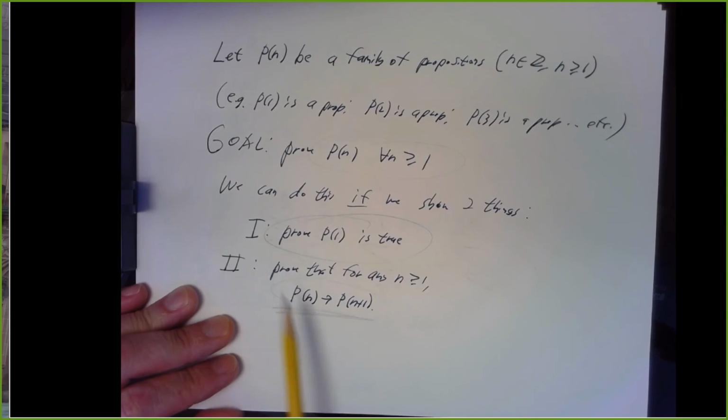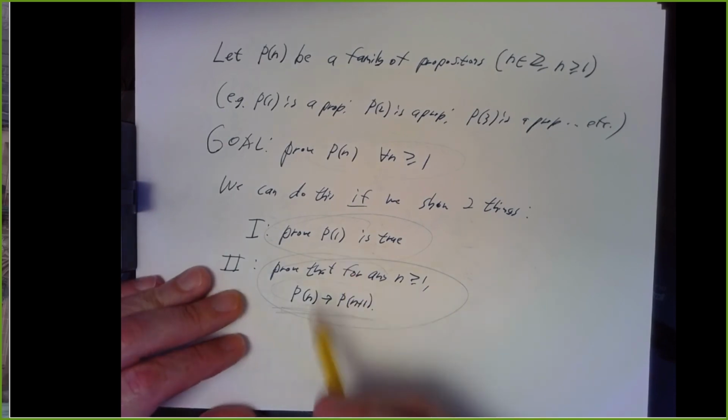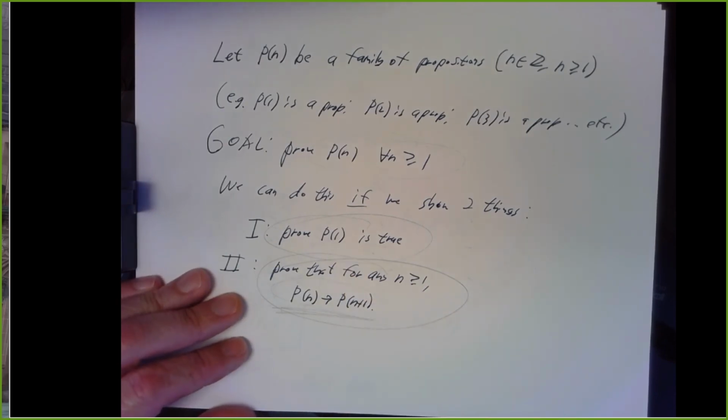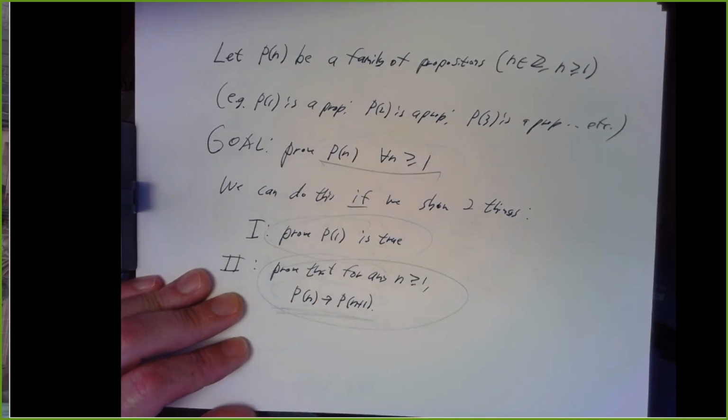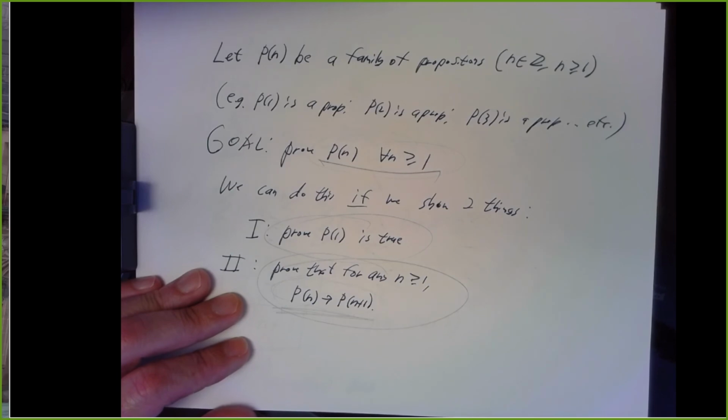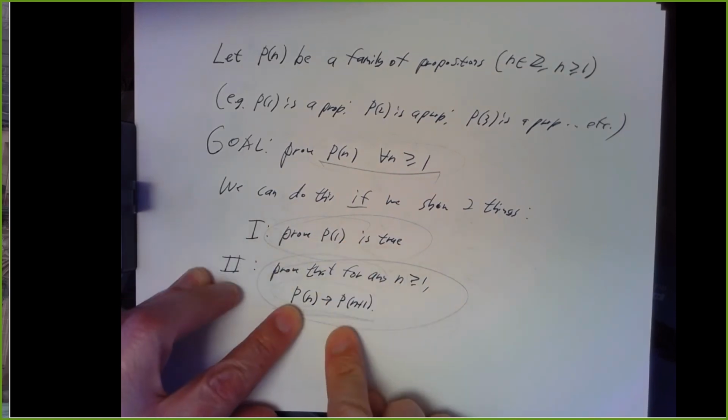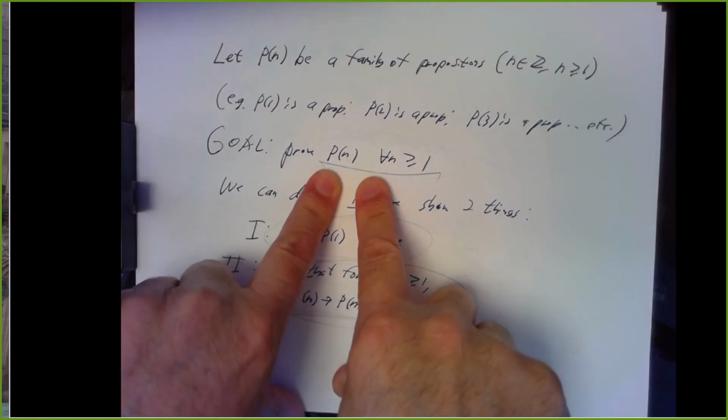First proving that P of 1 is true, and then proving that P of n gets us P of n plus 1. And then we put those together and say, therefore, by the decree of mathematical induction, P of n is true for all n bigger than or equal to 1. Mathematical induction is that decree. It's that big stick we can hit problems with and say, hey, we proved this and this, therefore we know that this is true.